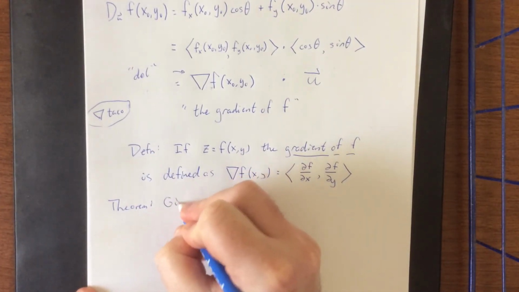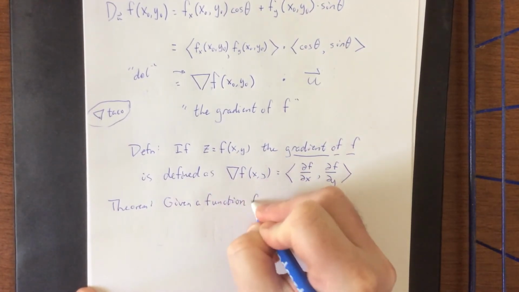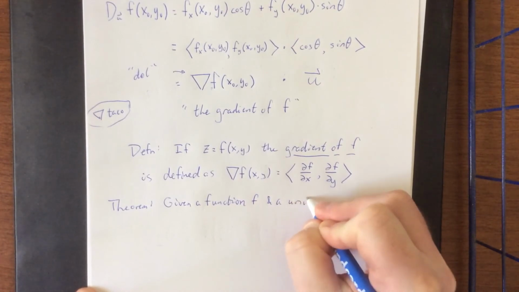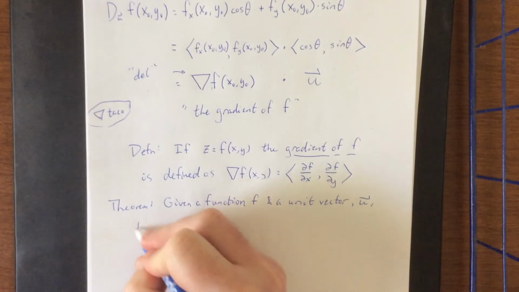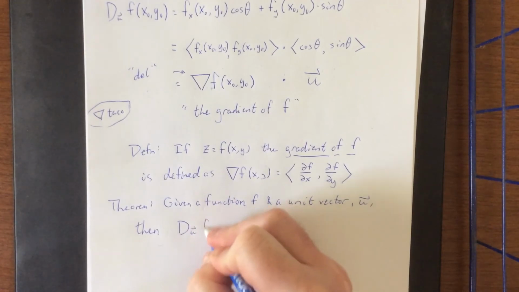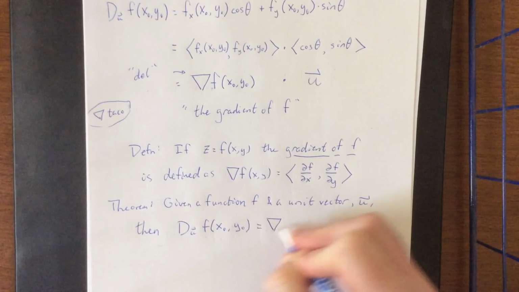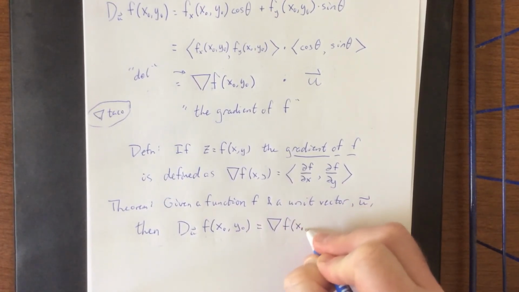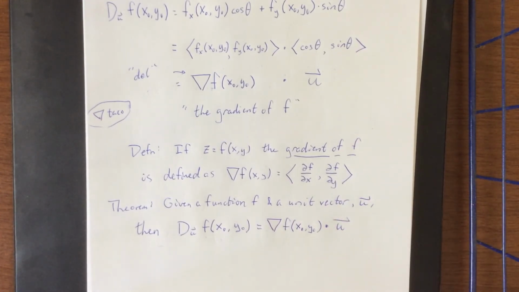So, given a function, f, and a unit vector, u, then the directional derivative in the direction of u of f evaluated at a given point is going to be equal to the gradient of f evaluated at the given point, dotted with the vector u. Now there is additional significance to the gradient, and we'll describe that in the next video.